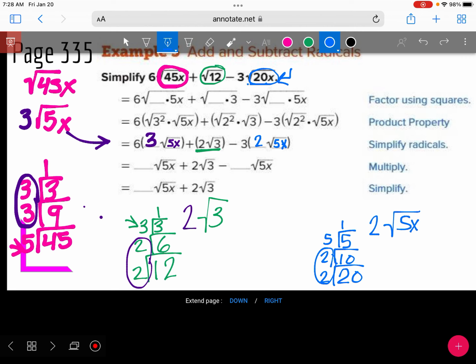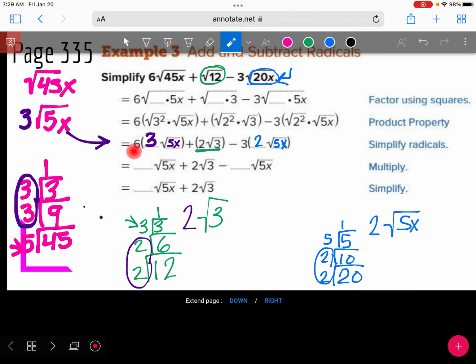So then what we're going to do is we're going to see that this wasn't just the square root of 45x. This was 6 times the square root of 45x. So this piece that we had down here, we still have a 6 outside of it.